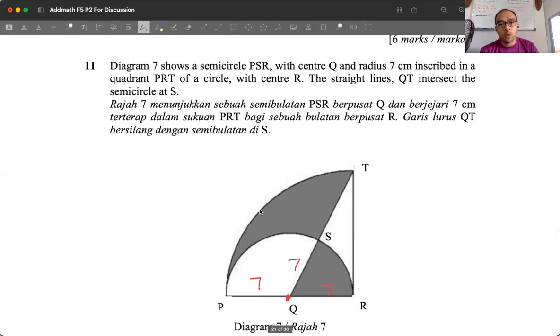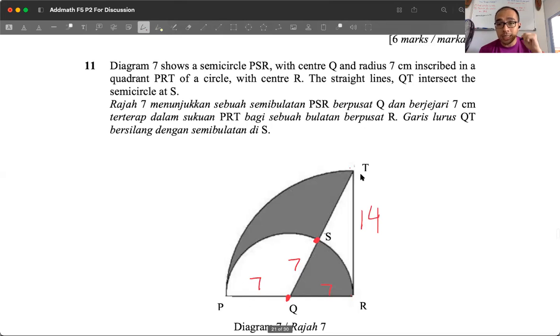Okay, inscribed in a quadrant of PRT. Ini adalah another circle. PRT is another circle with the center R. The straight lines QT intersect the semicircle at S. So there's an intersection over here, and we don't know how long this ST is lah. Kita tidak diberitahu. We cannot assume that it is the same length. But what we do know is this. Kalau P dan R adalah 14, R dan T juga adalah 14.